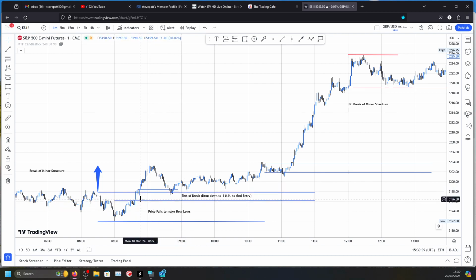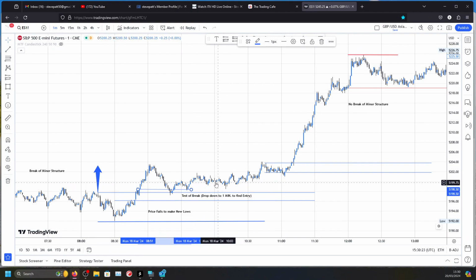You see, there's price coming back, breaking out. There's another test. There's various opportunities to take long trades from this initial test of the break of minor structure.